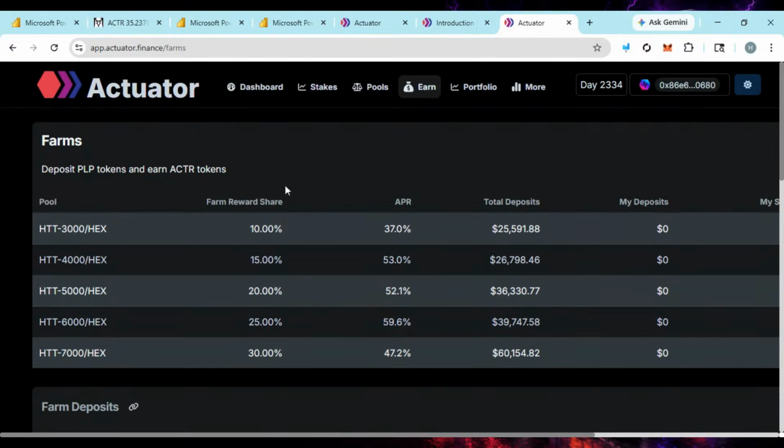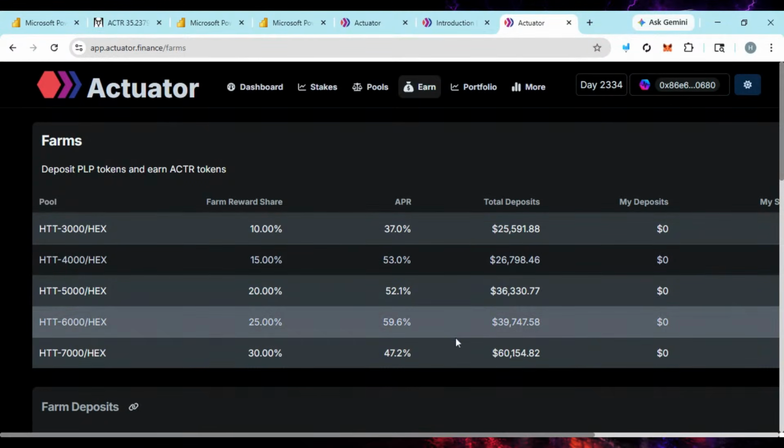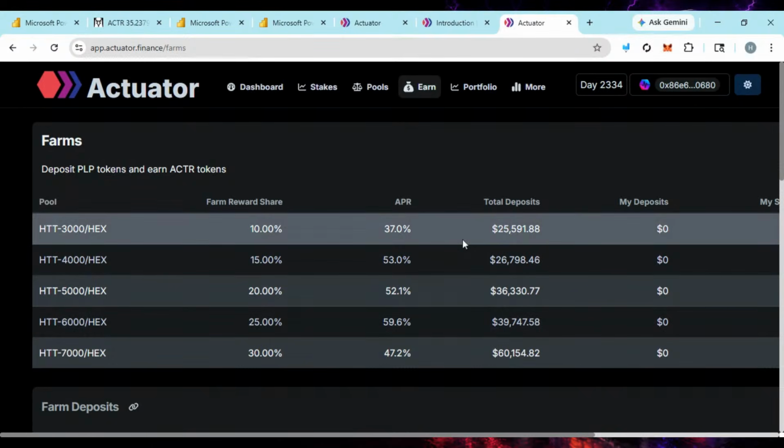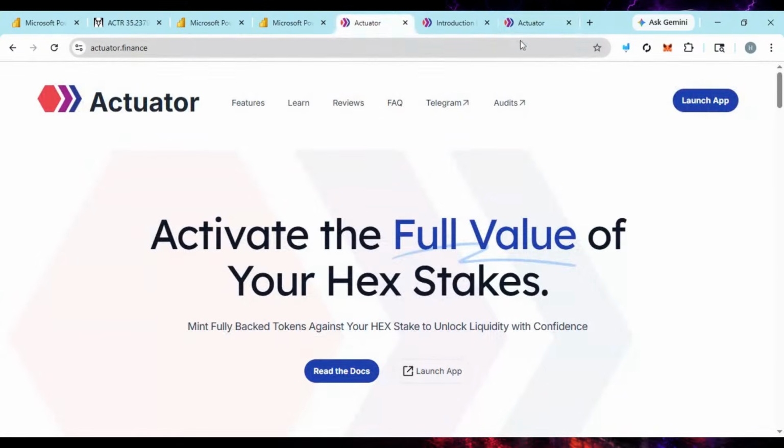And that's because these are incentivized pools that distribute a token called the Actuator token, ACTR. And those tokens are distributed only to the farm holders, right? And there's also a team allotment, and you can read that in the documents over here. You can go in this documents, go read all about that.